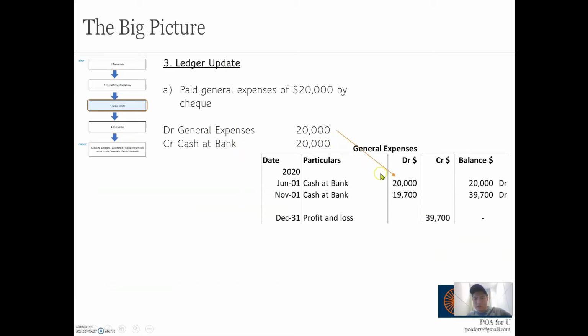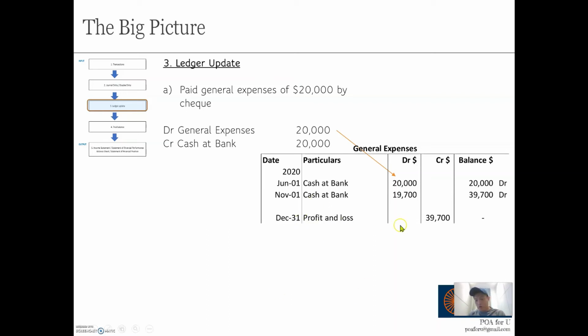Then we have other examples that I show you here. General expenses will go into the general expenses account as a debit. Again, the description is cash at bank, which is the other leg of the journal entry. All right, and this general expense is an expense account, which goes into the statement of financial performance. It will not carry on as a balance brought down year after year.